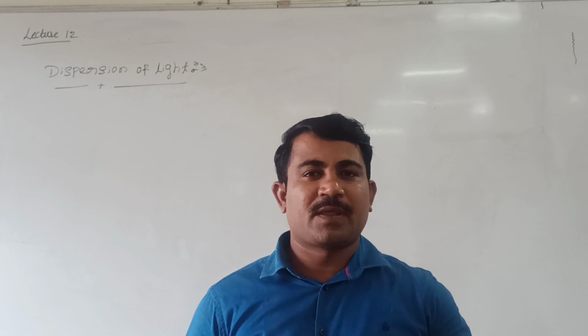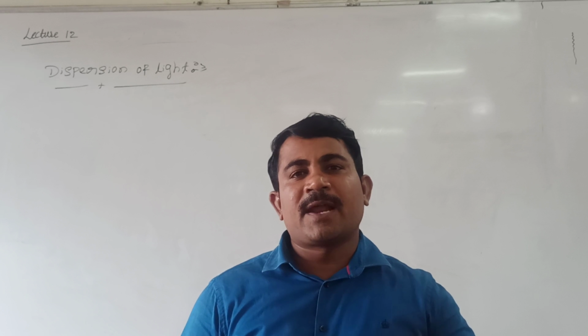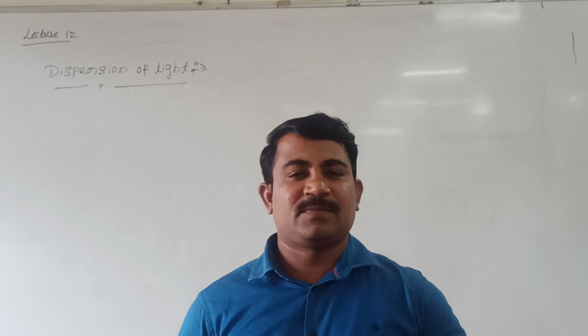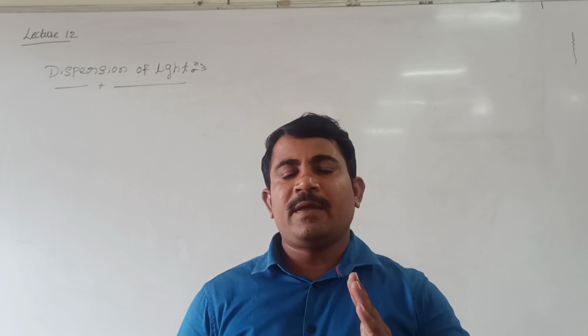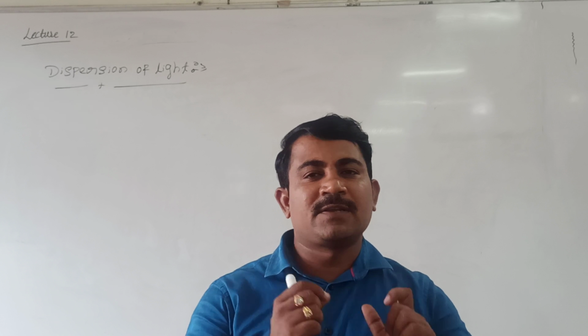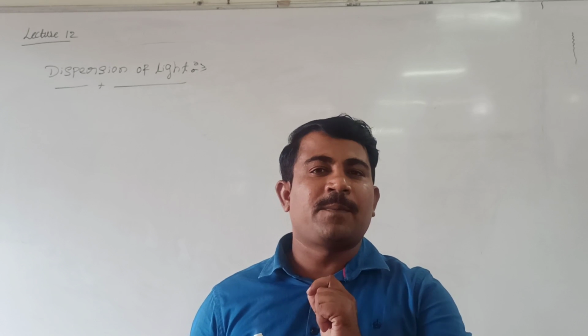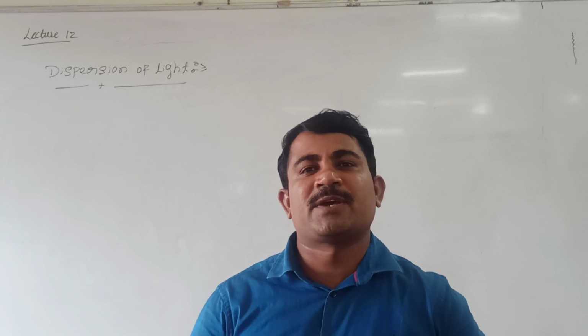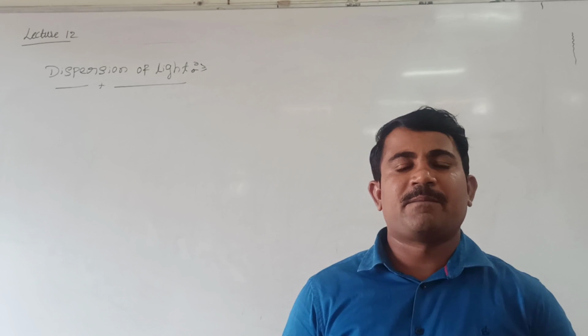We know that when a ray of light is incident on the prism, the ray of light can refract and emerge. Similarly, when a narrow beam of light is incident on the prism, the ray of light can split up into 7 constituent colors. This phenomenon we are calling dispersion of light.